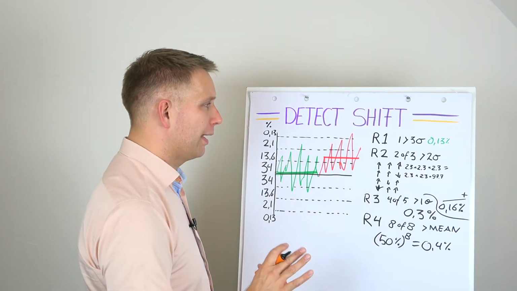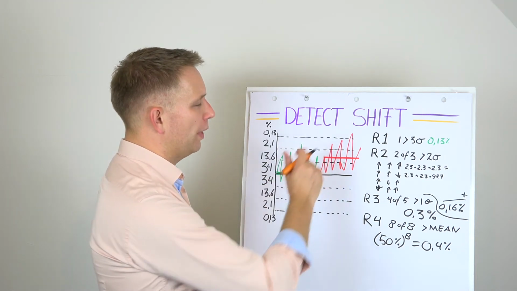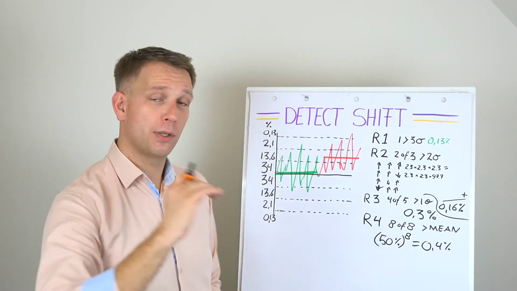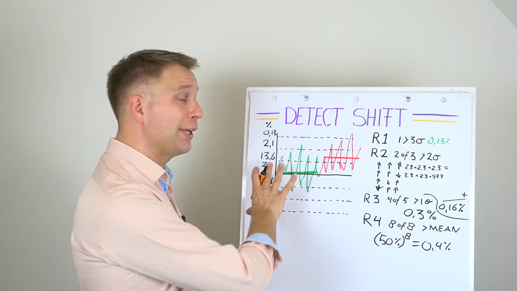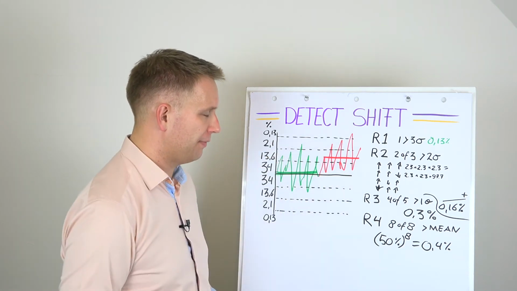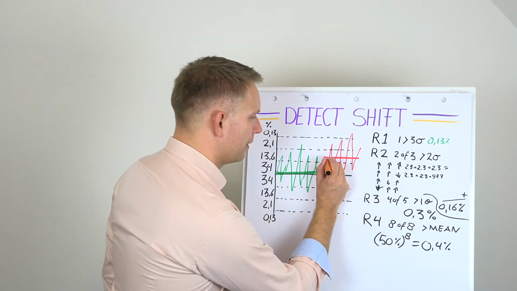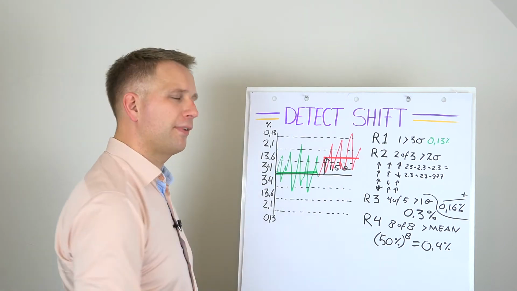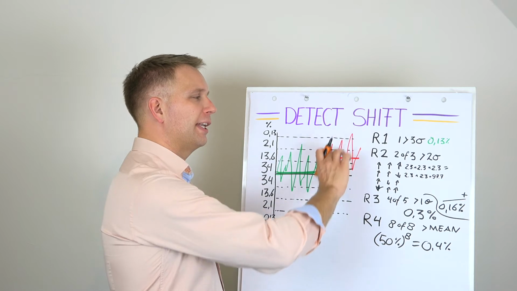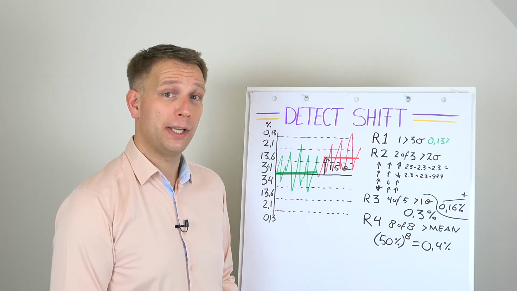And that being said, what we will now look at is what will then happen when a process shifts. So we have the same lines because the control limits do not change. We think that this is still the same process and we are interested in this shift. But now if we shifted this process, and I'll put it in here, if this has shifted by 1.5 standard deviations, then it also means that the probability of landing in these zones has also shifted quite a bit.